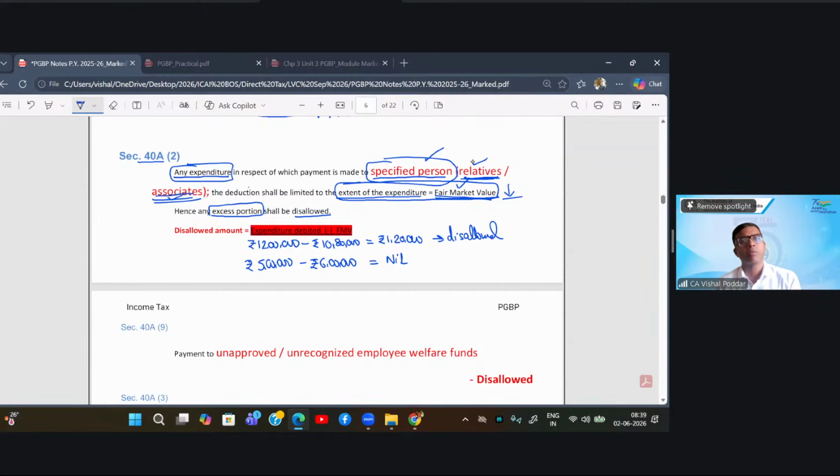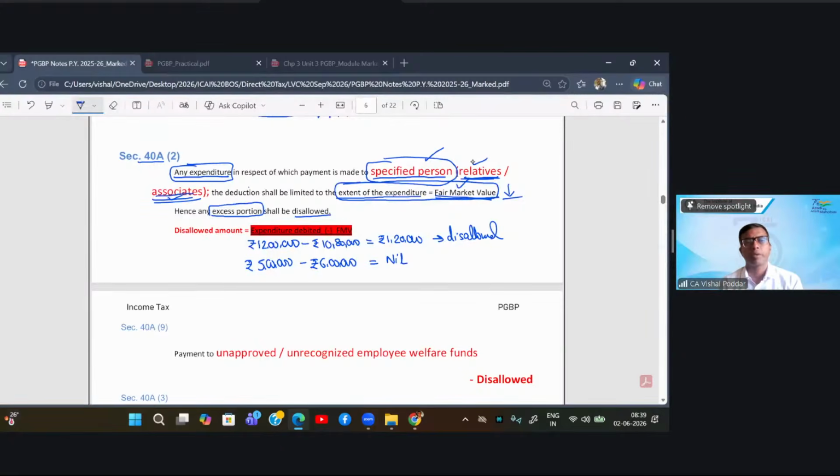So whenever you are doing business expenses with a related person or any specified person, just ensure that the payment does not exceed fair market value. If it exceeds fair market value, then only the excess amount above the fair market value, whatever you have paid, that much amount will be disallowed.